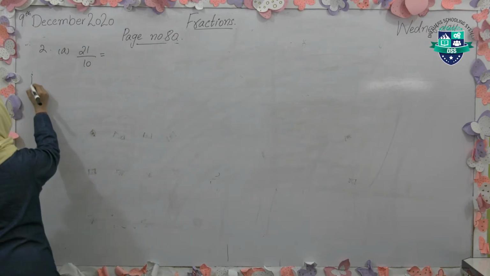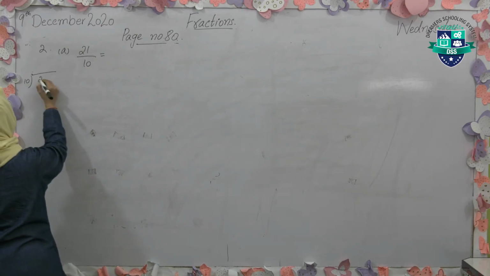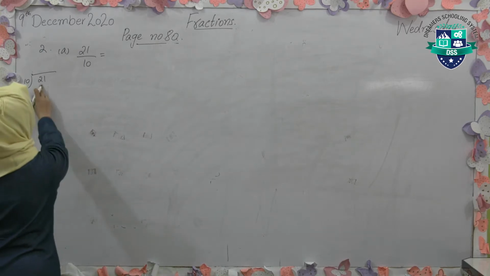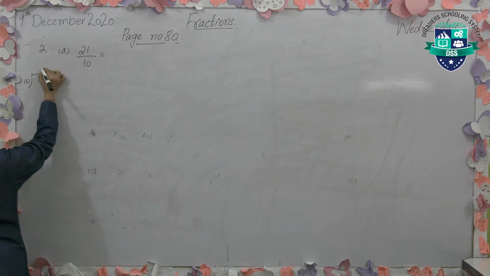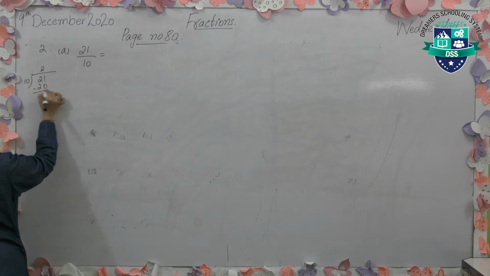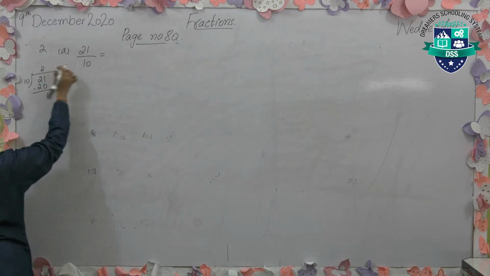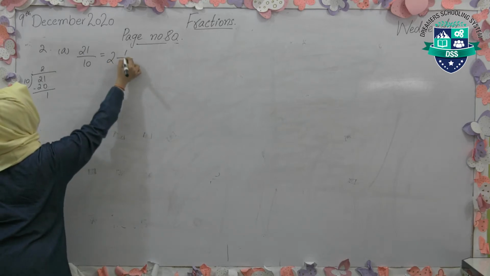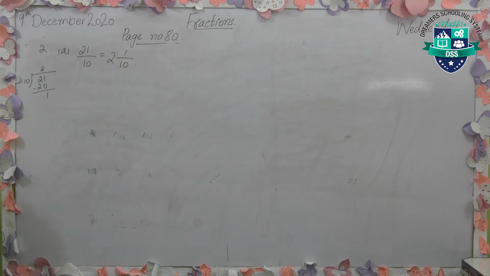How? 21 divided by 10. 10 2s are 20. 1 minus 0 will become 1. So 2 whole 1 by 10.